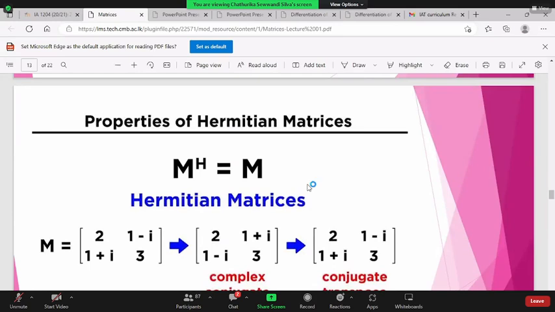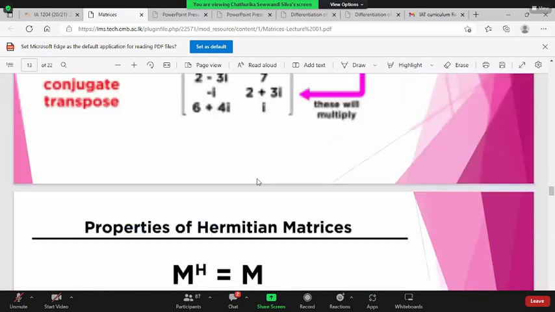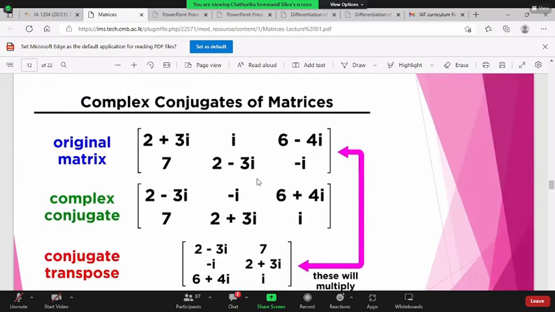So properties of Hermitian matrices: if it is a Hermitian matrix, right? Then M to the power capital H indicates the Hermitian matrix. So the Hermitian matrix is going to be equal to M, that means the original matrix, right?